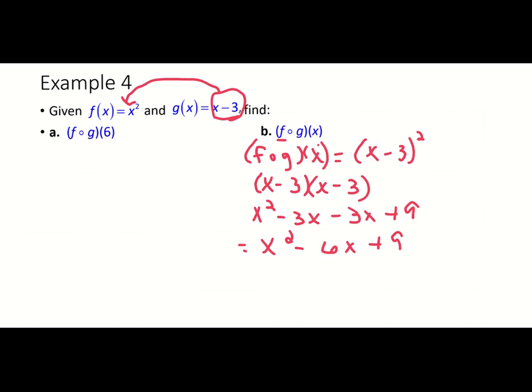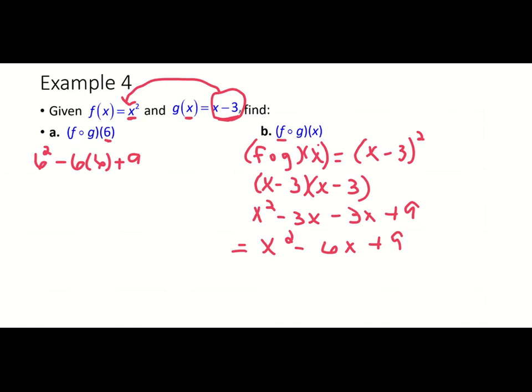Now, I just think it's easier to do it this way. You can do it the other way: you can do f of 6 to figure out this value, and g of 6 to figure out this value, and then put them together. Or what I do is, now that I know f composed with g of x, I'm going to plug in my 6. So I'm going to do 6 squared minus 6 times 6 plus 9.